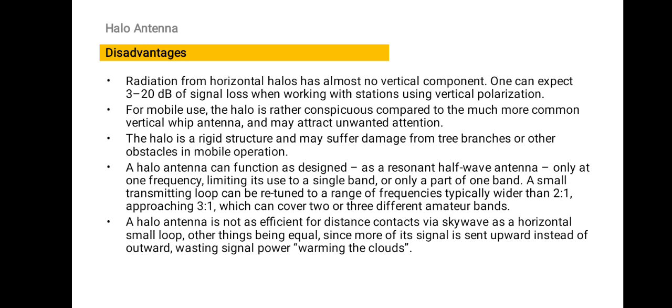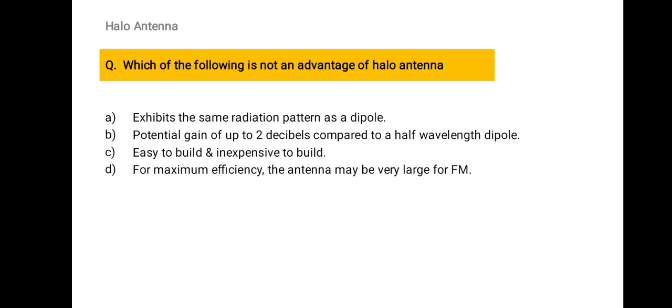Lastly, a halo antenna is not as efficient for distance contact via skywave as a horizontal small loop, other things being equal, since more of its signal is sent upward, warming the clouds. Question: which of the following is not an advantage of the halo antenna?